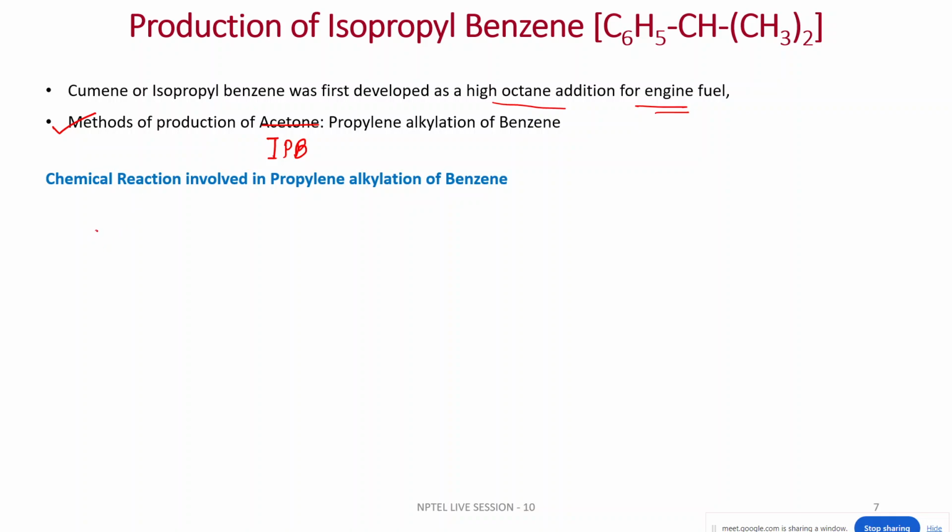So to produce isopropyl benzene, we need benzene first, then it reacts with propylene, and then it forms cumene or isopropyl benzene.